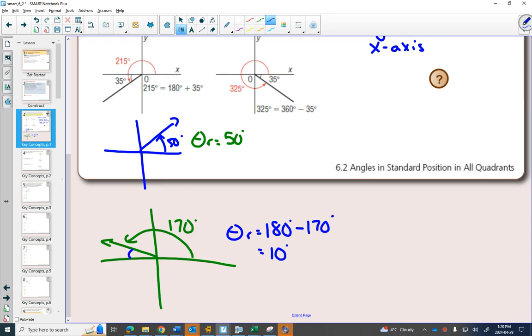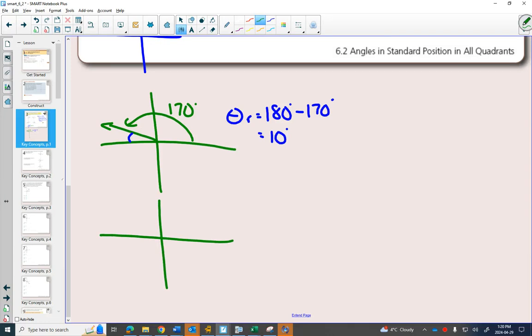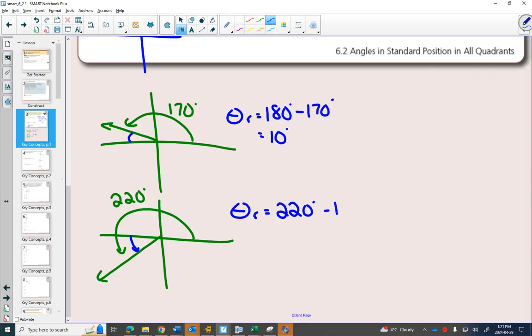And if I gave you an angle in quadrant 3, 220 degrees, and you were asked to find out what is its reference angle right there. Does it make sense that 220 is too much, but you'd have to subtract 180 and you'd be left with this little part? So in this case, it'd be 40 degrees.